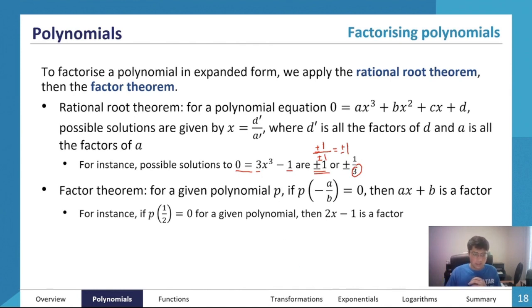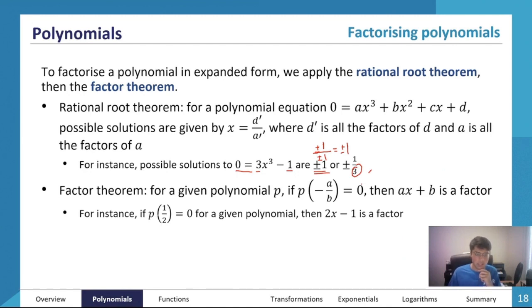So the factor theorem is something that we use to make these substitutions. It states that for a given polynomial p, if p of negative a over b is equal to 0, then ax plus b is a factor of that polynomial. So again, it's helpful to look at this with reference to an example.